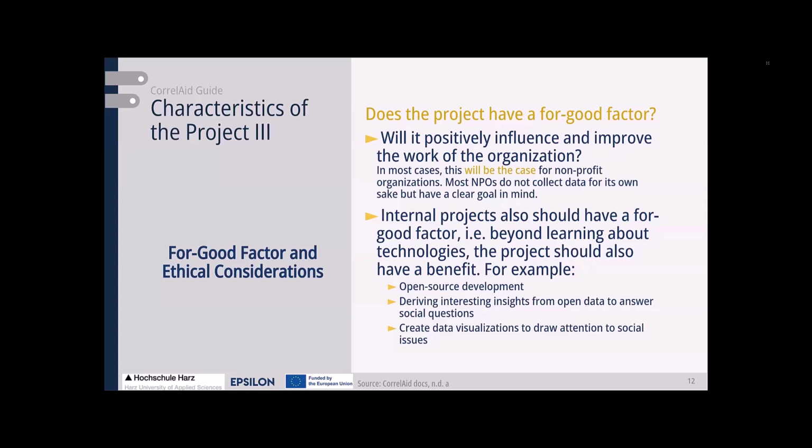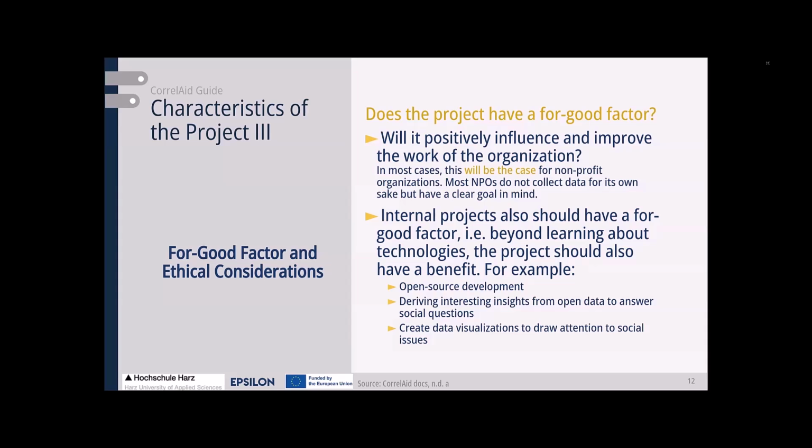What is the goal that you try to achieve? So if you help nonprofit organizations in order to gain more impact in their daily work by supporting their internal processes, then this would be the ideal project of the Data4Good initiative.